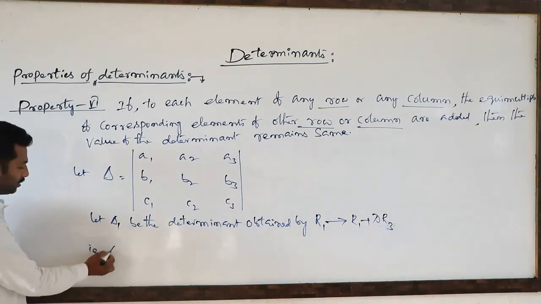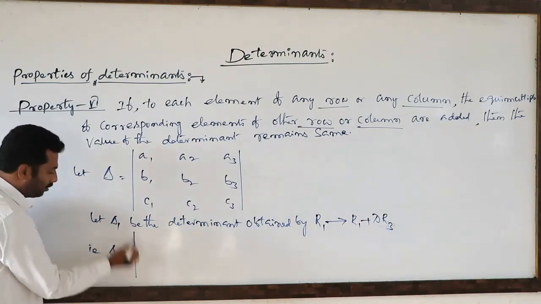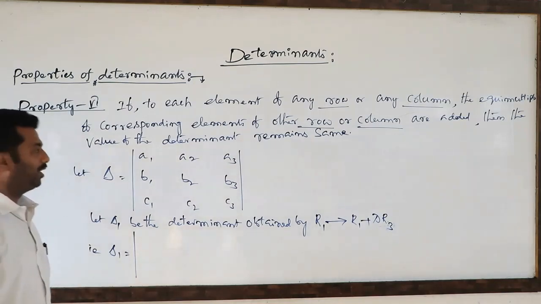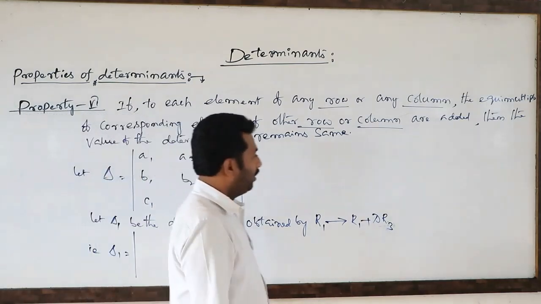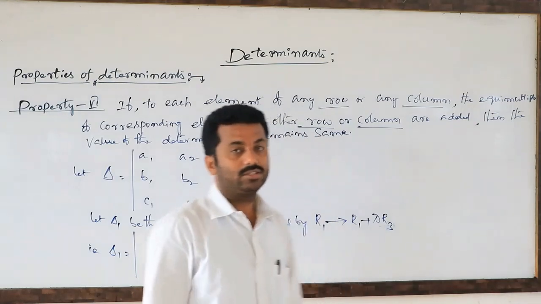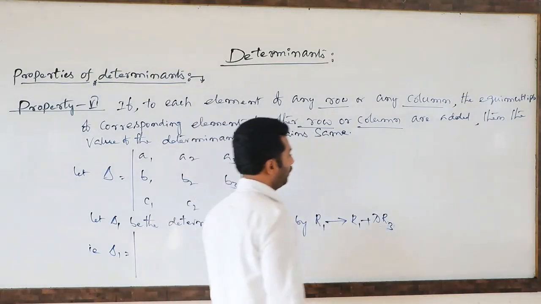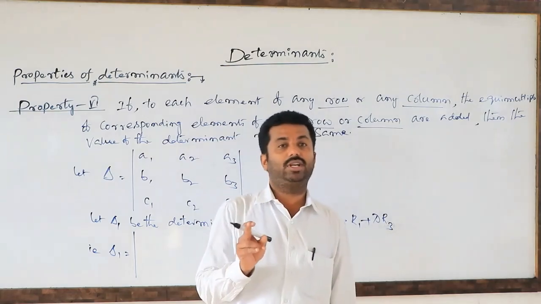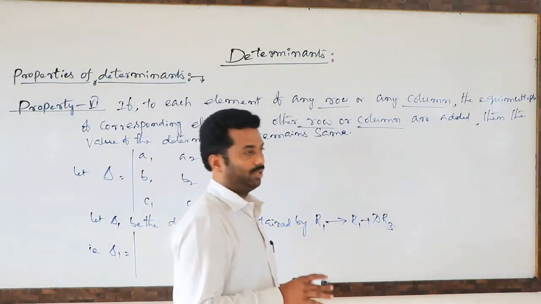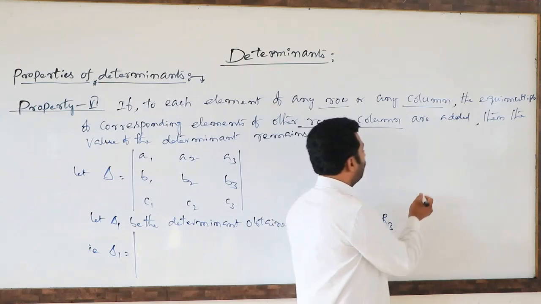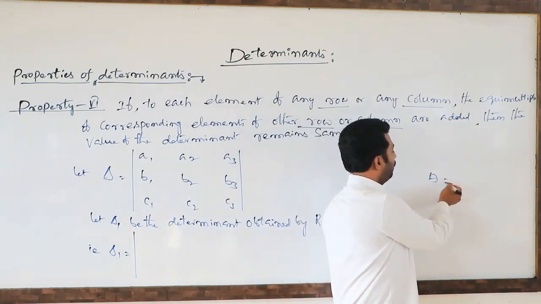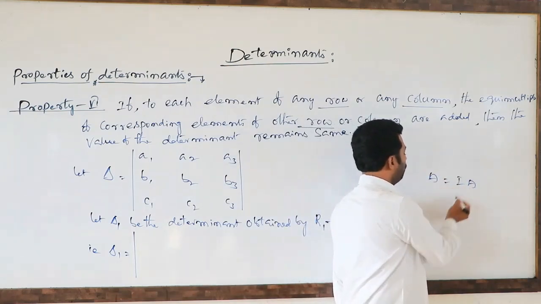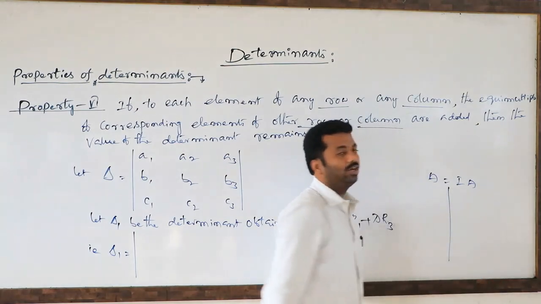Delta 1 is equal to, I think you know already the operations in elementary row operations or column operations, which you have learned while calculating the inverse of a matrix. There, A is equal to I into A means only row operations you have to apply.